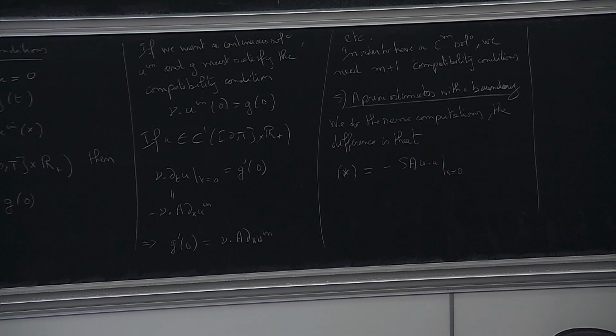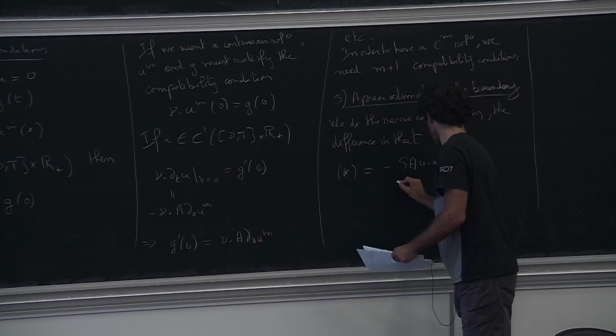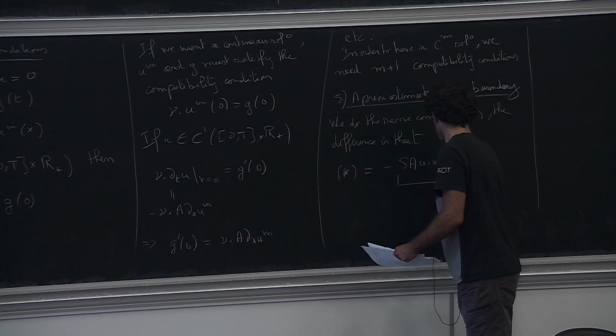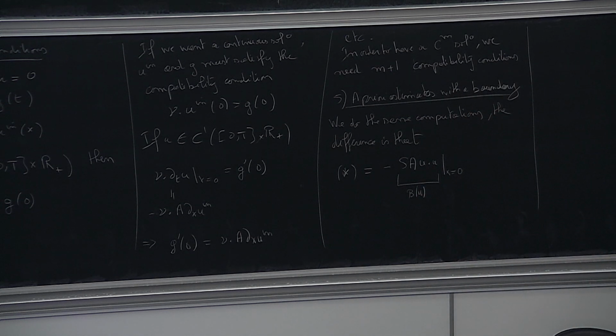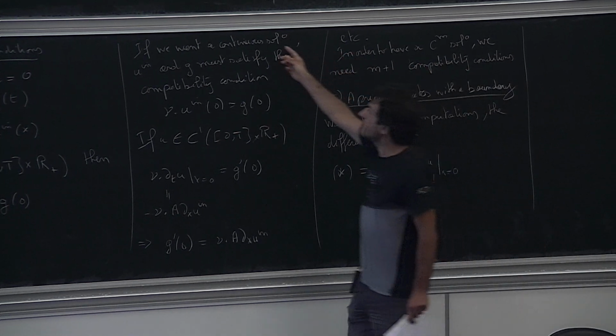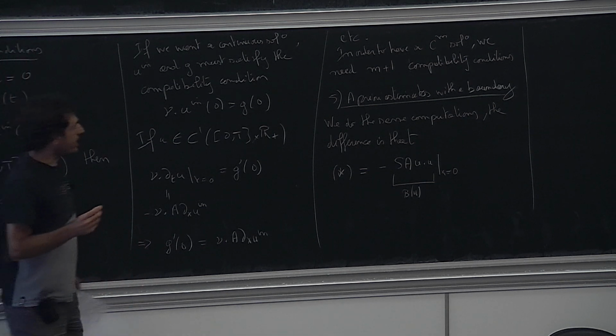Okay. And this term, I will call it B of u. So you see that this is a number, and in my energy estimates is on the L2 norm of u.